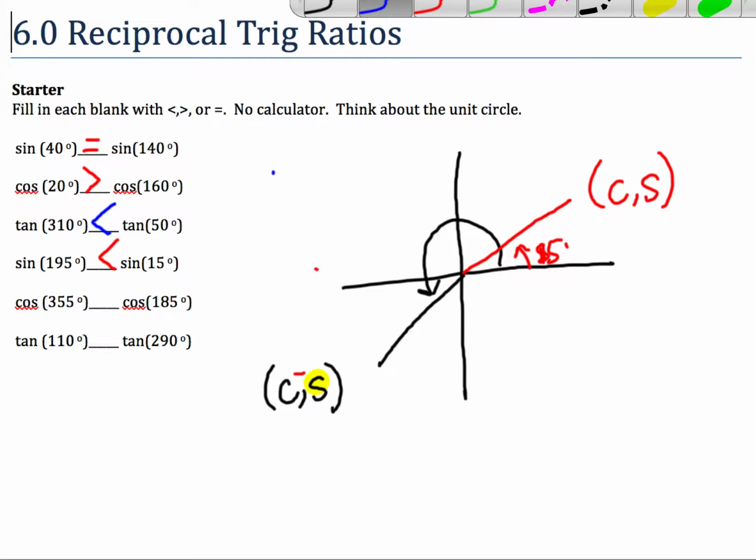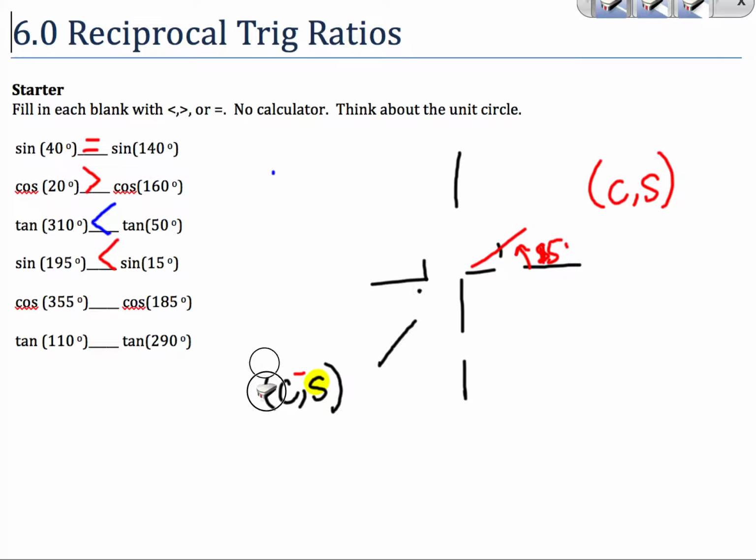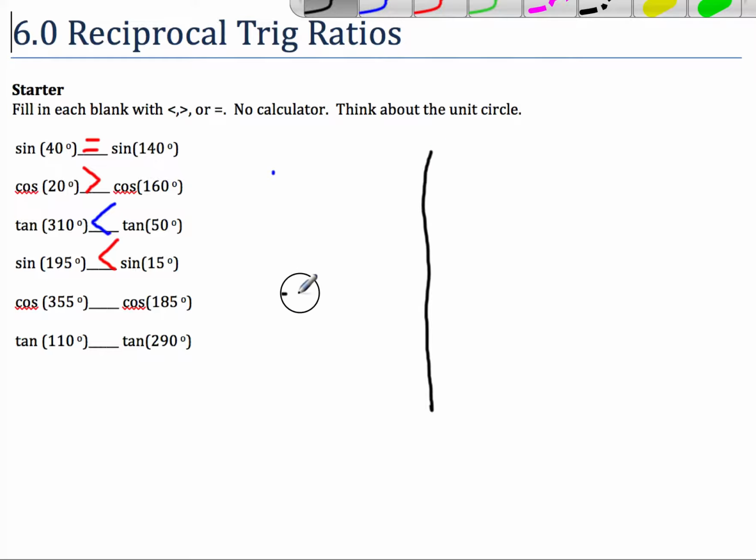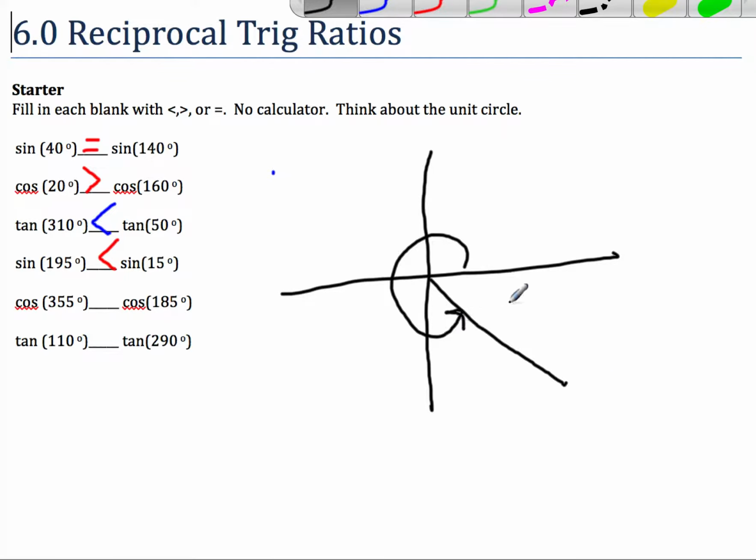Let's go ahead and try the next one. Oops, that didn't work for me. So our next one is the cosine of 355. 355 here. Cosine, we're looking at a positive, and our cosine here is positive because we're going in the x direction.